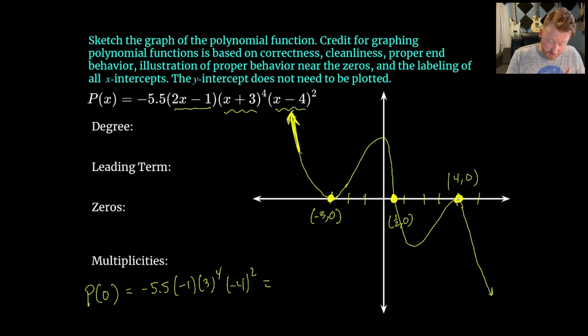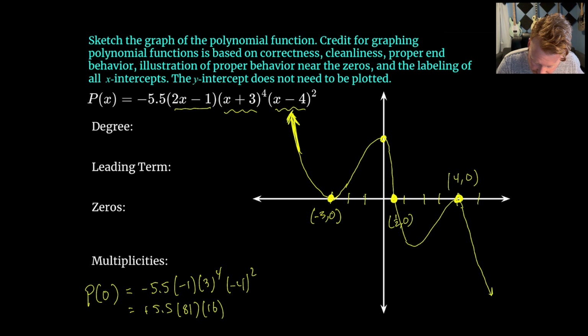This is what we're trying to find, so we're not setting that equal to anything yet, we're just going to compute this number. So what do we get here? Negative 5.5 times negative 1, so that's going to become positive. 3 to the 4th is 81. And negative 4 squared is 16, so I don't know that one any better than anybody else, but I can pull up a calculator quickly. So positive 5.5 times 81 times 16 is 7128.